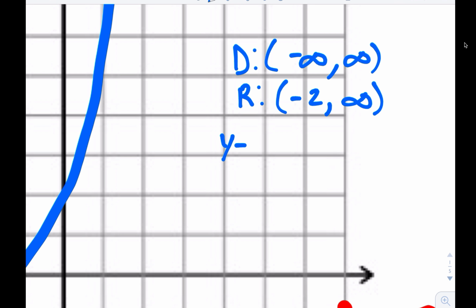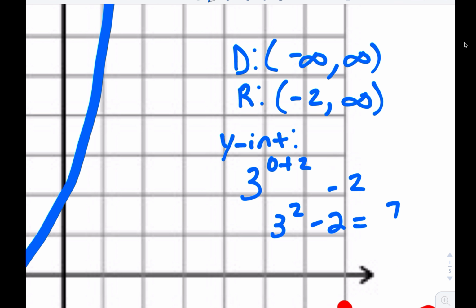I'll probably ask you what the y-intercept is, and then for the x-intercept, I'll ask you that for a log function. The y-intercept is when you plug in 0, so it's going to be 3 to the 0 plus 2, minus 2, so that's 3 squared minus 2, which is 7.